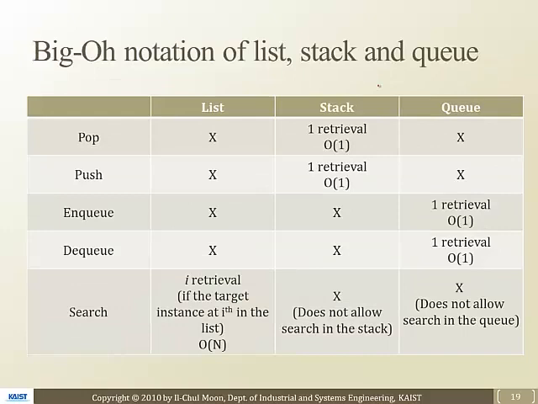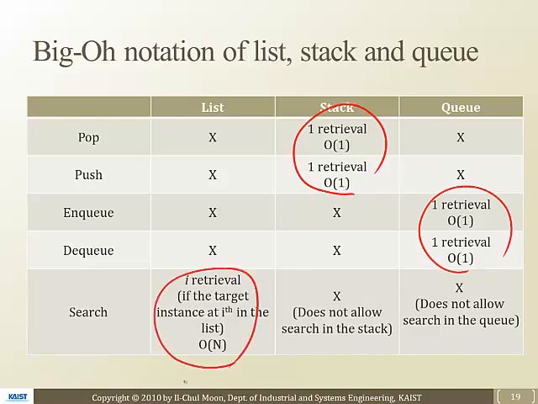Like this. So we have one retrieval. In that case, it's just constant time execution, so we can just say order of 1, right? Here, i retrievals, and in the worst case, it can reach n retrievals, and it's going to be order of n, right? The growth rate is going to be asymptotically bounded by the order of n.